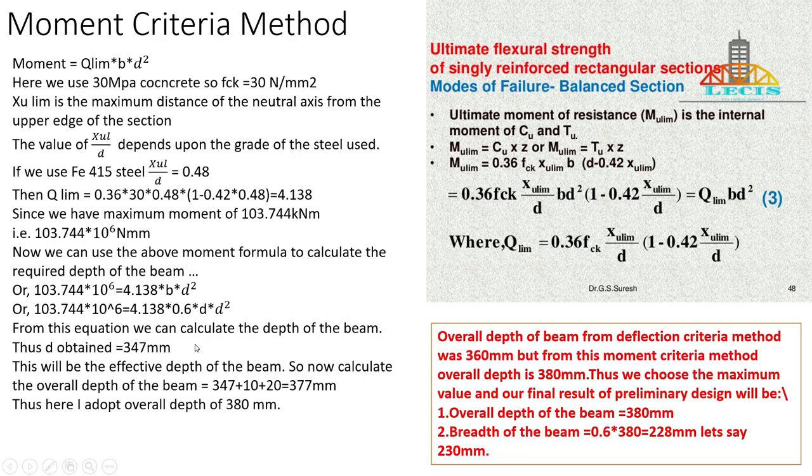If the value obtained from the moment criteria method were less than that of the deflection criteria method, then we would use the final design of the deflection criteria method. But here we have a value greater than that of the deflection criteria method. So our final result of preliminary design of the beam is an overall depth of 380 mm and a breadth of 230 mm.